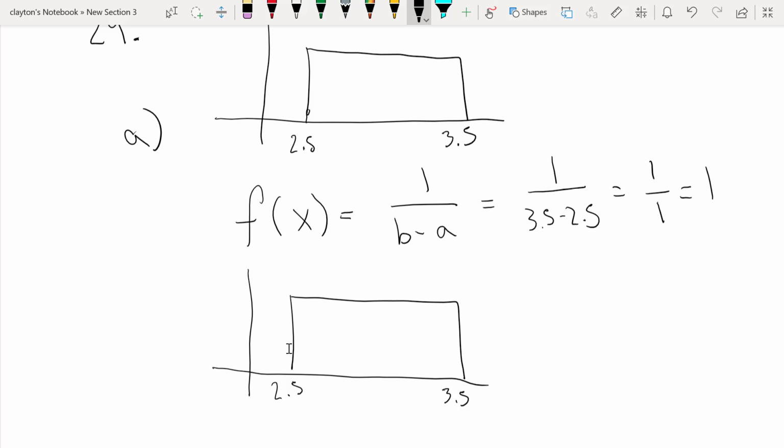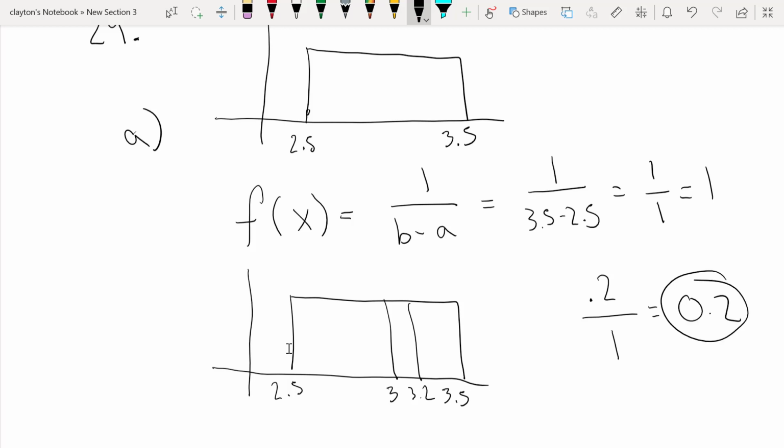So if I take 3 and 3.2, let's say randomly somewhere in here, and I know the whole space between 2.5 and 3.5 was 1, and I know the space between 3 and 3.2 is 0.2, well then I just get 0.2 as my probability. So just looking at the proportion of the interval we want based on the total interval of the entire uniform distribution.